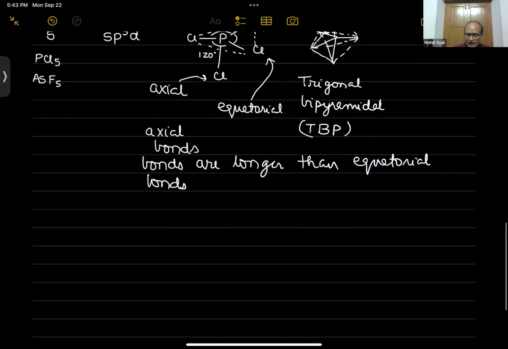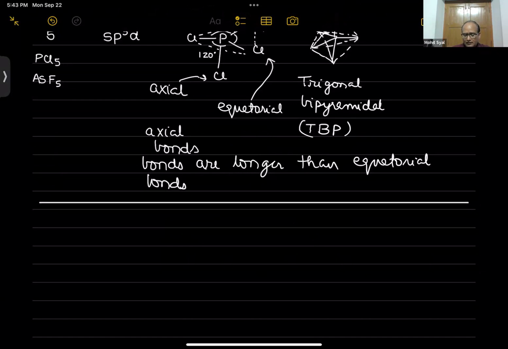Suppose in the five groups, one of them is a lone pair. Let's say you have sp3d, for example SF4. Is it like CF4 or methane, or do we need to check?